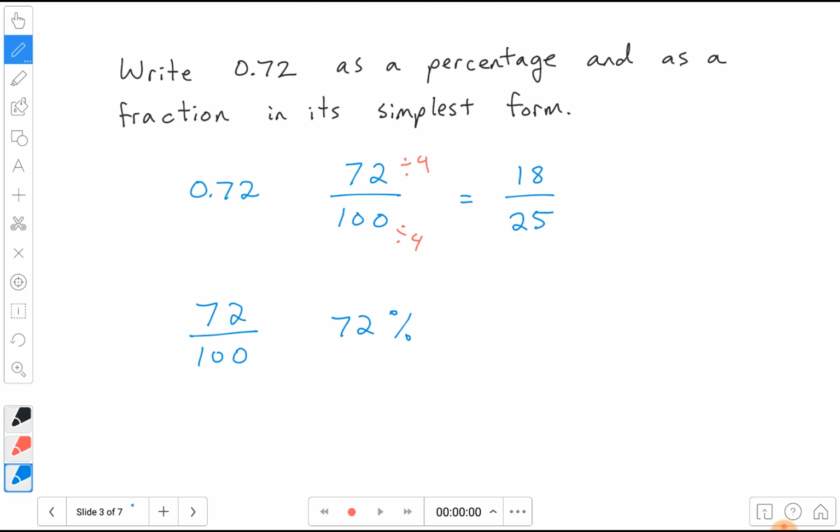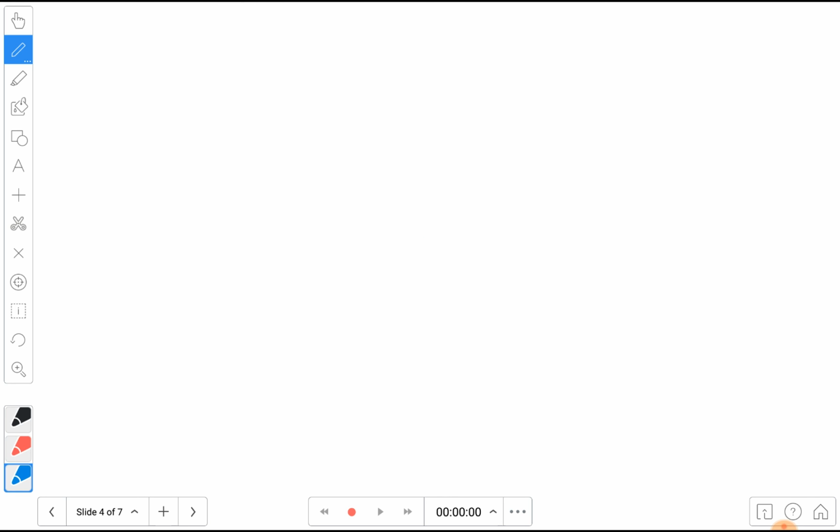Let's do the same thing, but let's take 0.08 as our decimal number. We want to write this as a fraction. 0.08, there's 8 in the hundredths position, so this is 8 hundredths, or 8 over 100. Both of these values we can divide by 4, so we simplify the fraction to give 2 over 25.